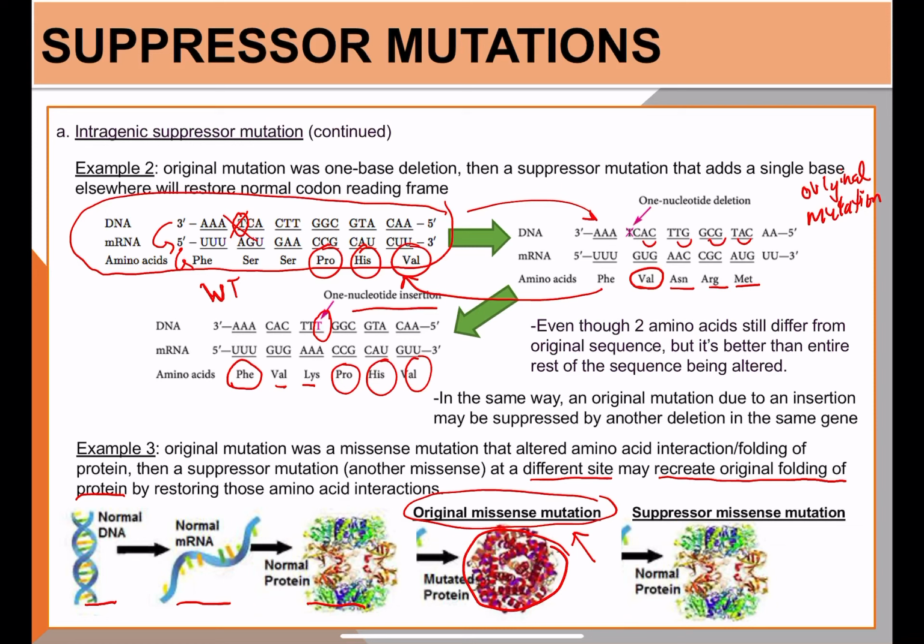One mutation unfolds a protein a certain way or in a different way that makes it non-functional, but a second mutation somewhere else folds it back into the correct structure. Okay, so understand the three ways that this can be different in terms of intragenic suppressor mutation. Within the same gene, a second mutant has rescued the phenotype.